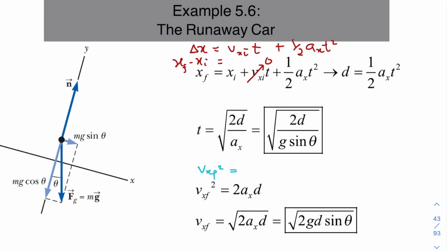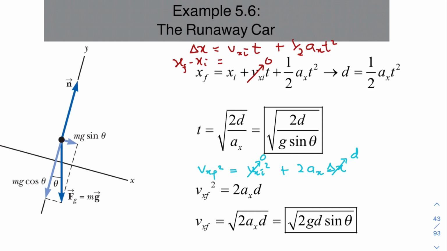And to figure out the final speed of the car, Vx final squared equivalent to Vx initial squared plus 2ax delta x. Our delta x is the d, and our v initial is 0, starting from rest. That is why our equation simplifies to this.